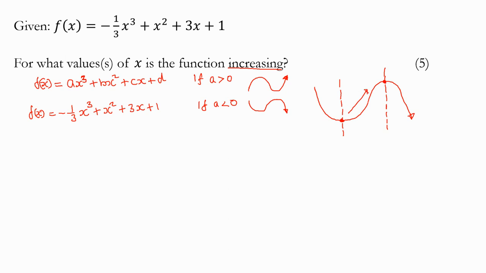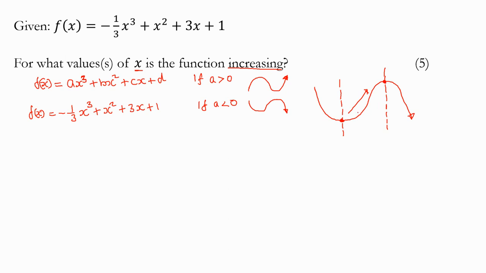So what do we need to do here? It says for what values of x is the function increasing? We have to find the x values of the turning points. And how do we do that? We derive and equate the derivative to 0.